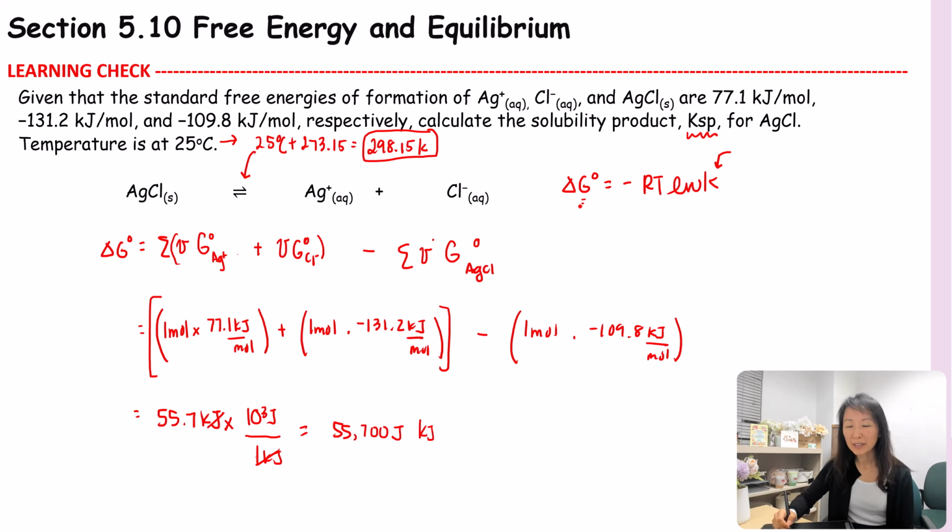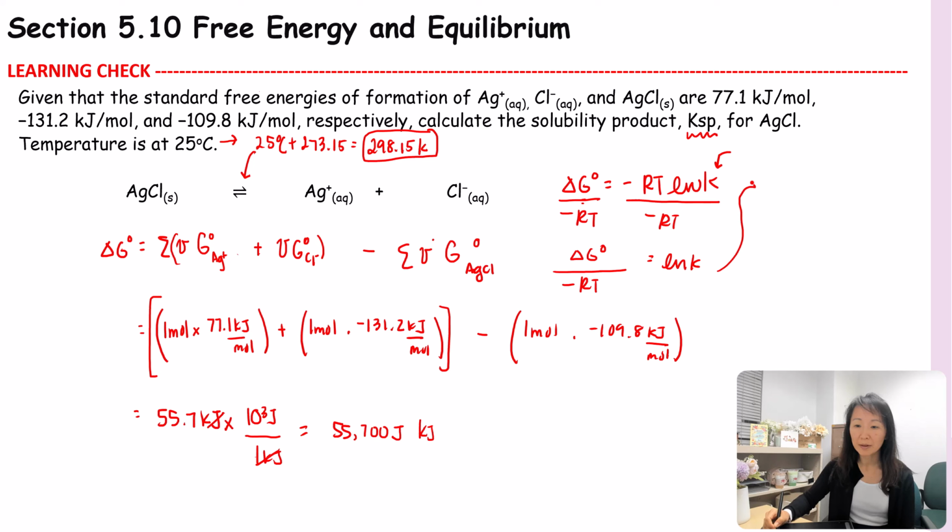Now I want to rearrange this equation before I start plugging in. So I'm going to divide both sides by negative RT, so that we just have ln of K is equal to delta G naught all over negative RT. So let's now plug in some of the values. So let me rewrite this up here. And that would be 55,700 joules, I don't know why that's kilojoules over there.